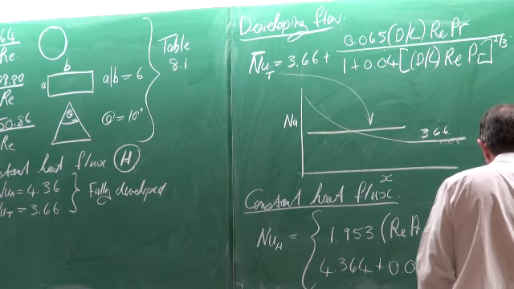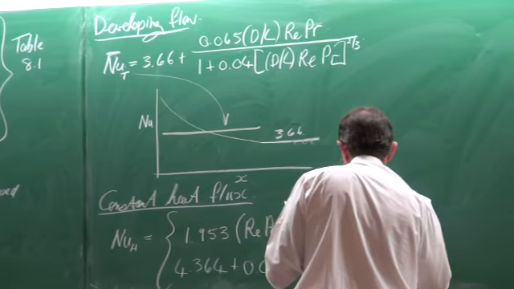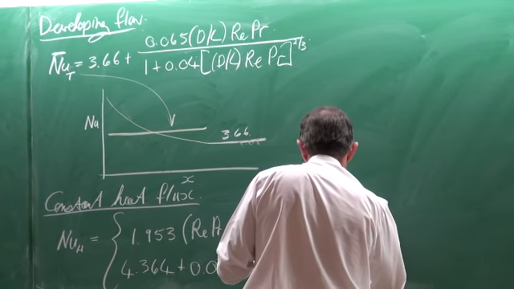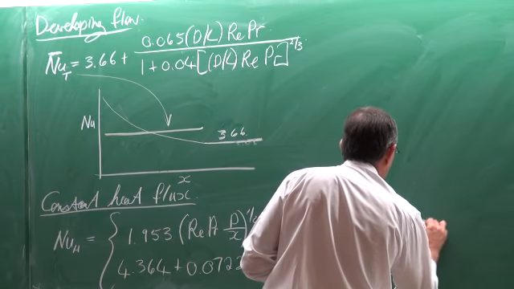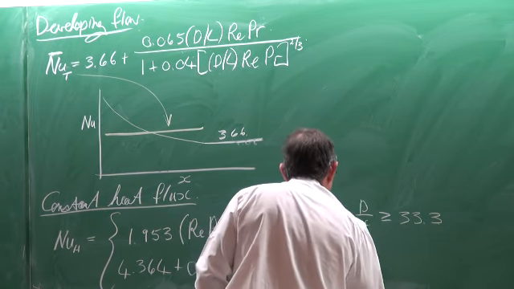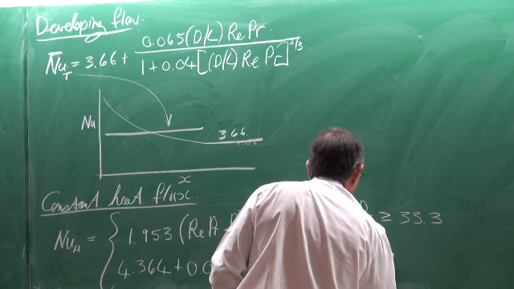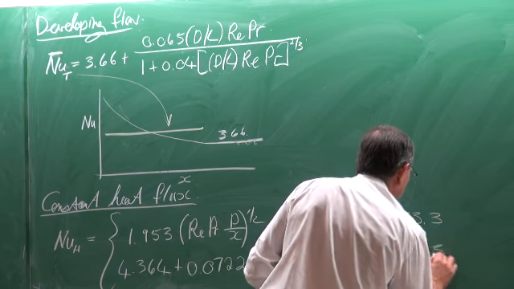You use the first equation if the Reynolds number multiplied by Prandtl multiplied by d divided by x is larger or equal to 33.3. Otherwise, you use the second equation if it is smaller than 33.3.